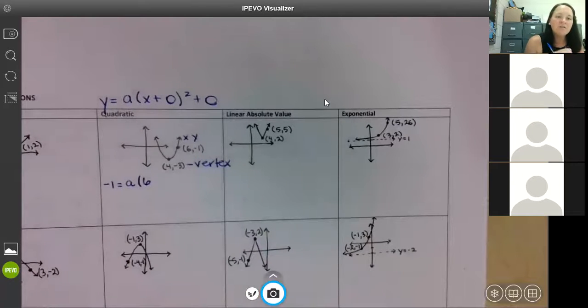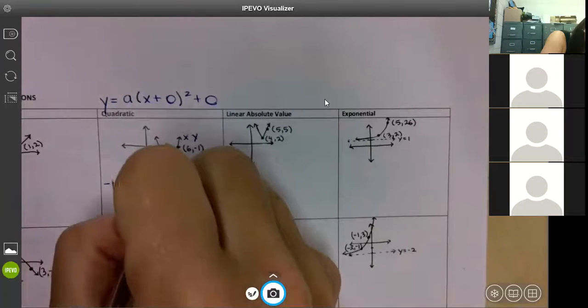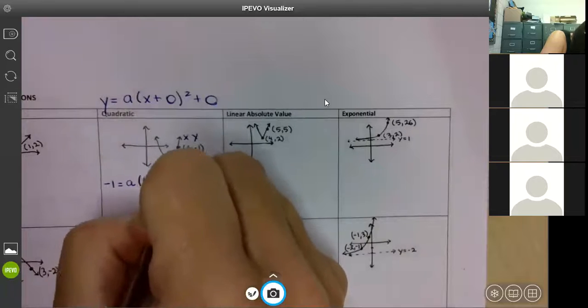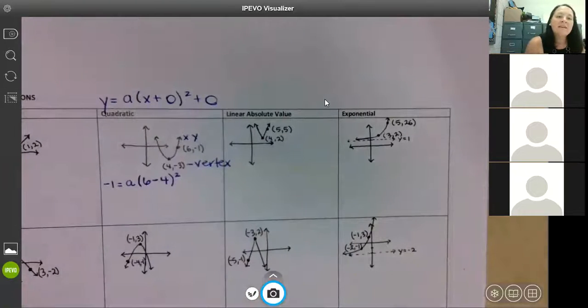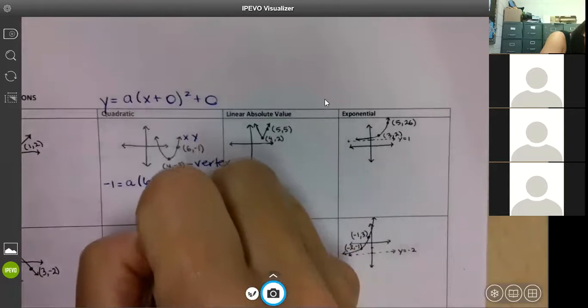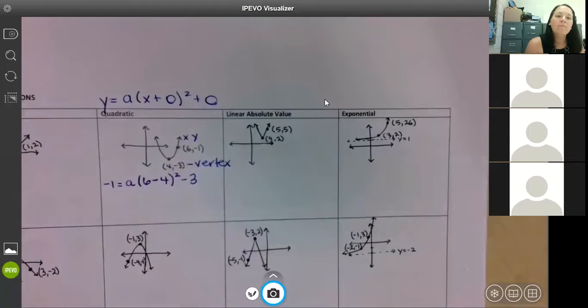Do not change that one. However, remember when we put in our vertex coordinate or we take it out, we change the sign. This one has to change. So our vertex x, we're going to change to a -4. Okay, that's the only one that you change. And then we finish it with our y coordinate, which is -3.